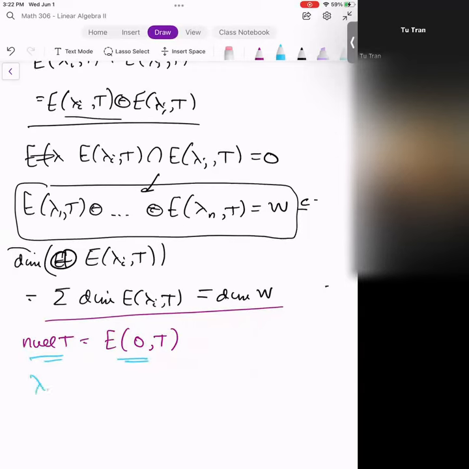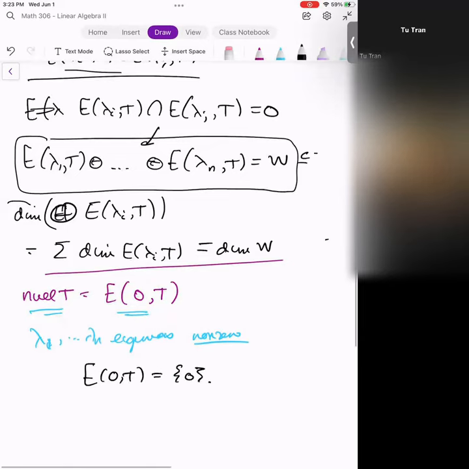You're totally correct, because lambda 1 through lambda n are non-zero eigenvalues. So we have an operator that has distinct non-zero eigenvalues. Then the eigenspace associated with 0 is just the 0 vector. There's nothing in it, and that means the null space of T is equal to just the 0 vector, because these spaces are the same.